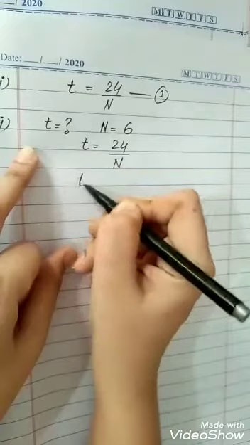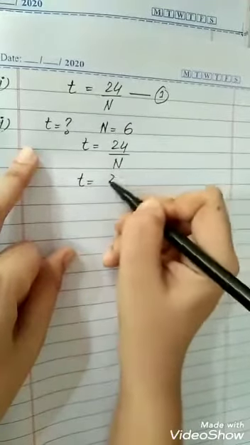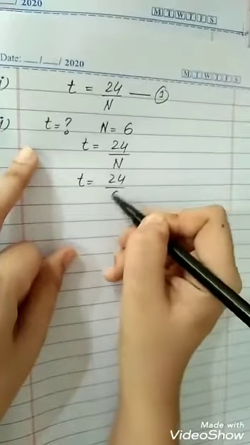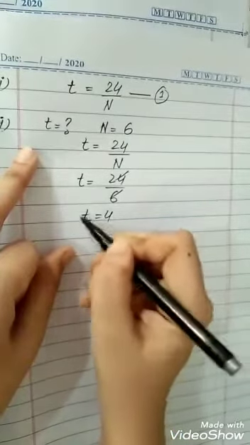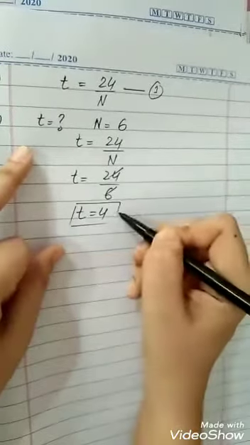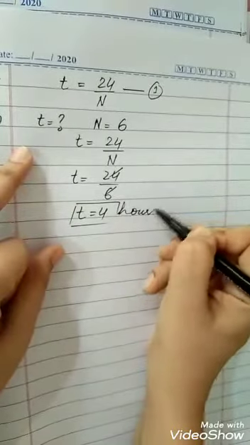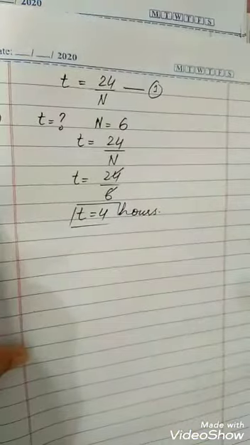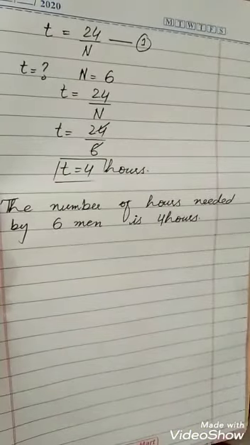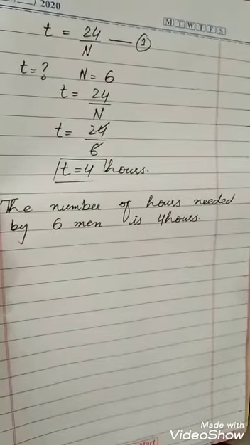T value we have to find, and 24 by 6 is 4. It means t is equal to 4 hours. Fine students, so now the number of hours needed by 6 men is 4 hours.